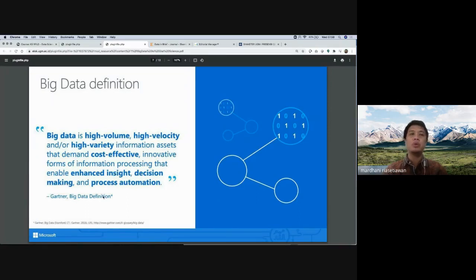That will be a good definition of big data today, because it relates the big data environment and also data science. So we combine these two components into one sentence for this scenario.